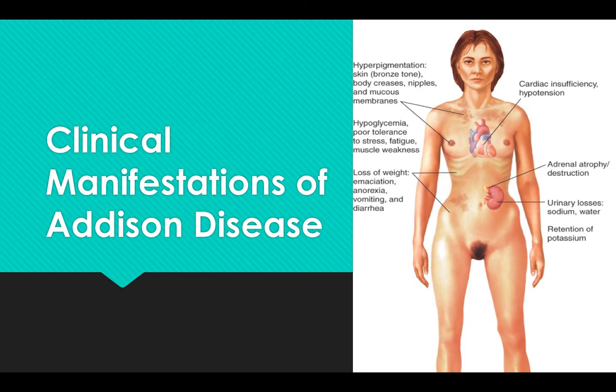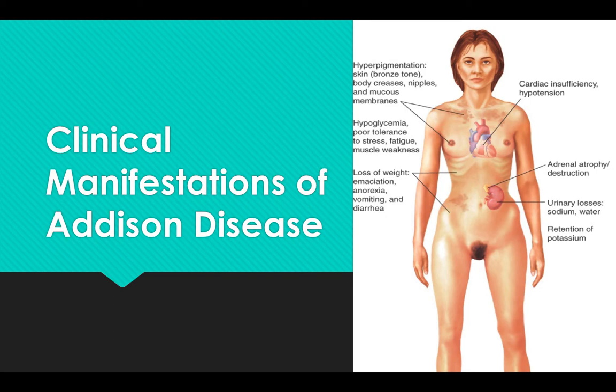It can be caused by a pituitary tumor, or most likely in a primary sense, it's an autoimmune disease. We can cause this artificially by surgical removal, or infection can cause this to happen.